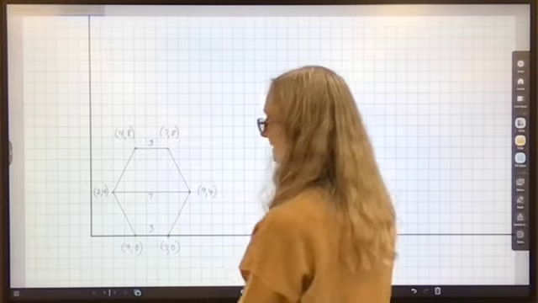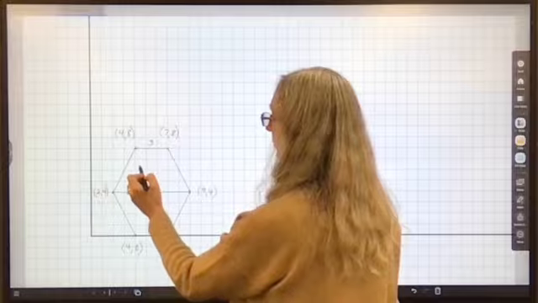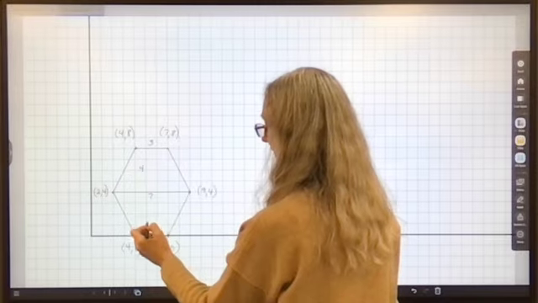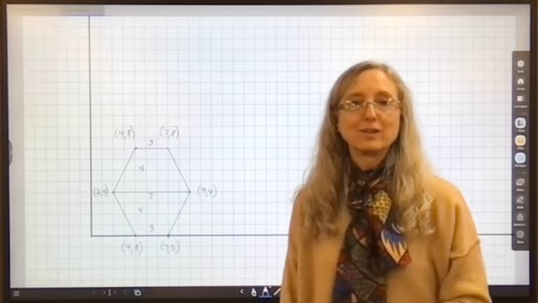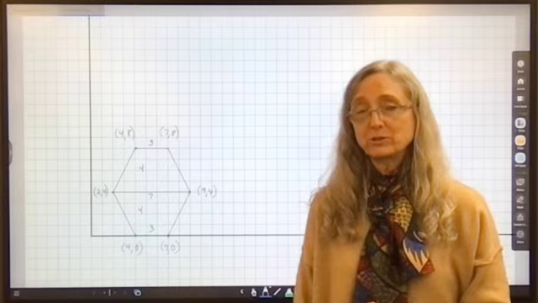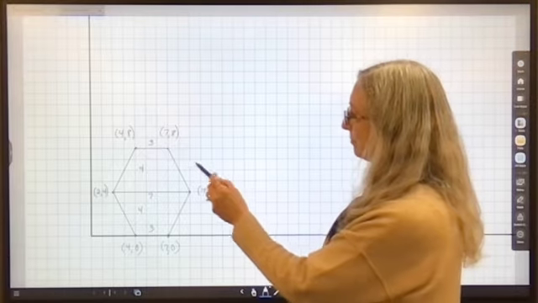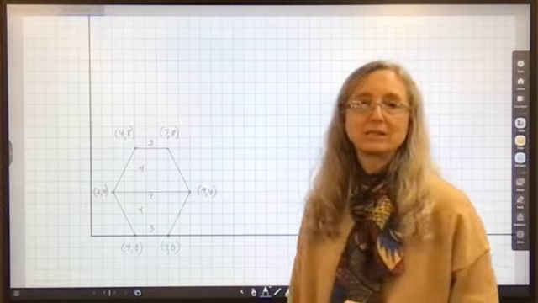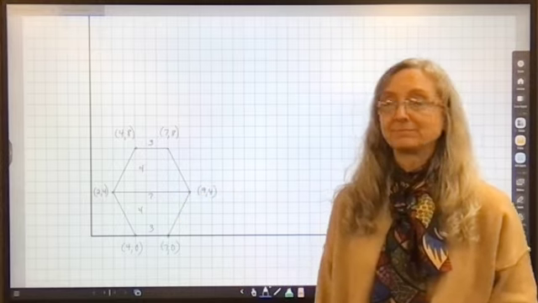This base is 7. This height is 4. And so is this height. So we have 2 identical trapezoids that have a height of 4 and with a base of 3 and a base of 7.